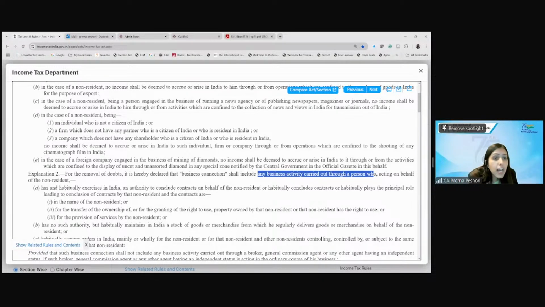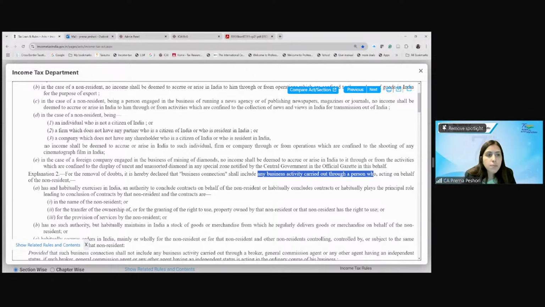So he should not only have the authority, but he should also be habitually exercising it, meaning more often than an isolated transaction, regularly exercising that authority to conclude the contracts on behalf of the non-resident, or habitually concludes the contract. Meaning, even if he does not have the specific authority given, but he is the one who is habitually exercising it or is regularly concluding the contracts in India.